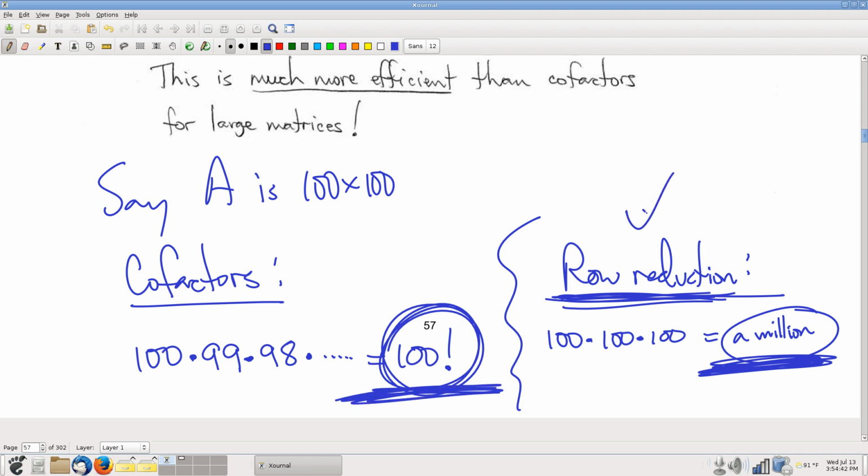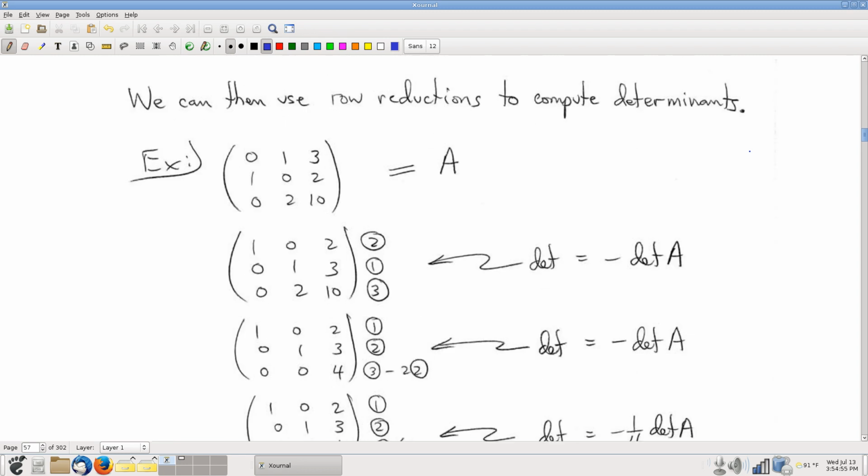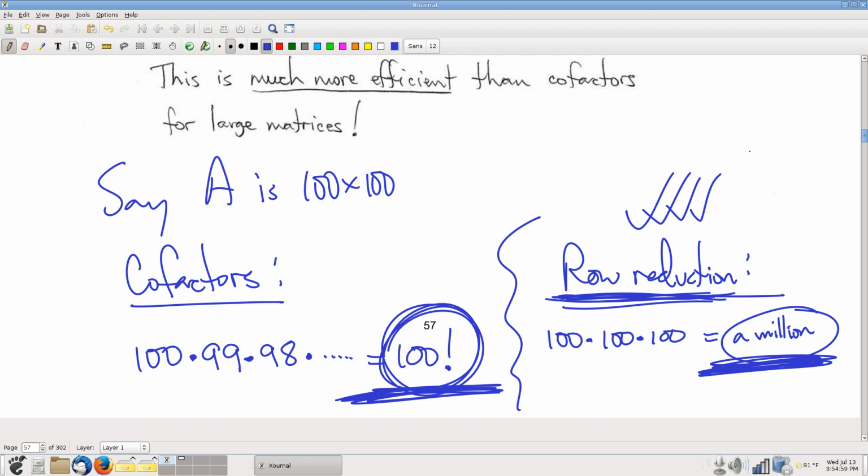So this row reduction method is a very efficient, very smart way to compute determinants, except in the smallest of cases, such as 3 by 3. In this 3 by 3 case, you maybe just go ahead and do cofactors. Almost any other case, absolutely use row reductions.